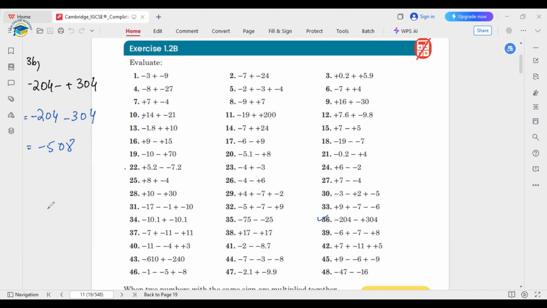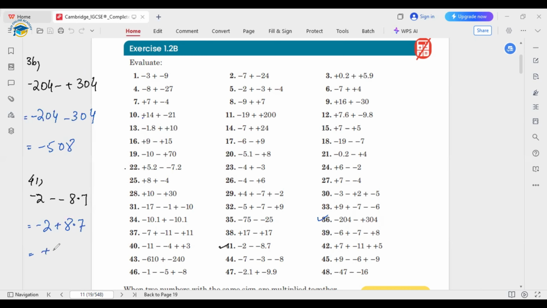Okay, let's see for part number 41. So we have -2, -8.7. So negative negative would be positive. So we can write positive 8.7 first, and then positive negative would be negative.